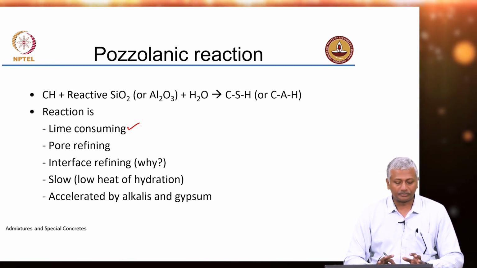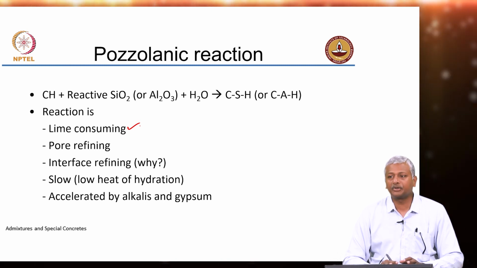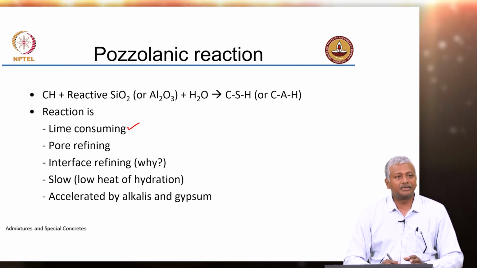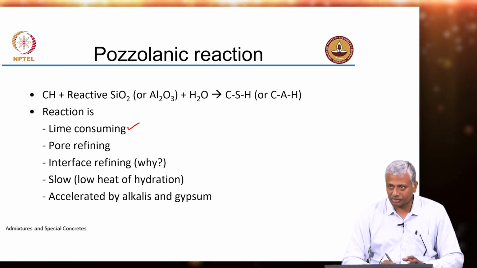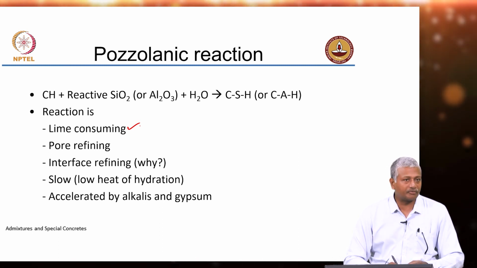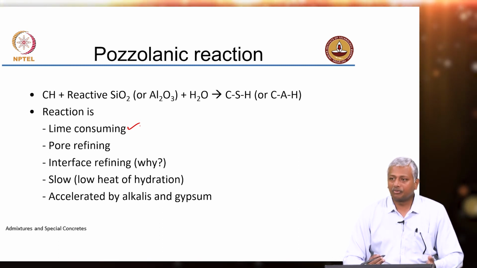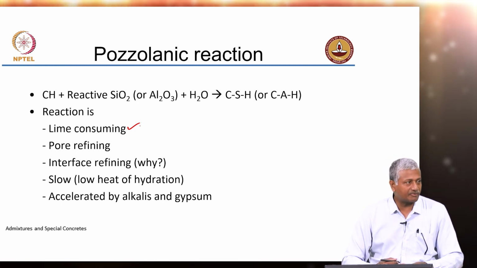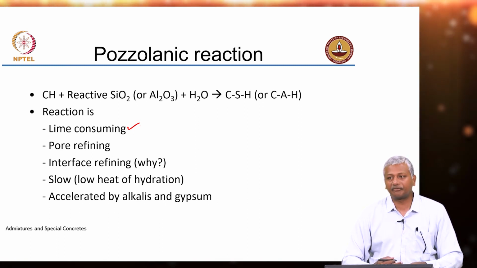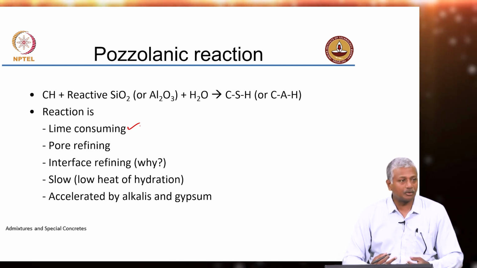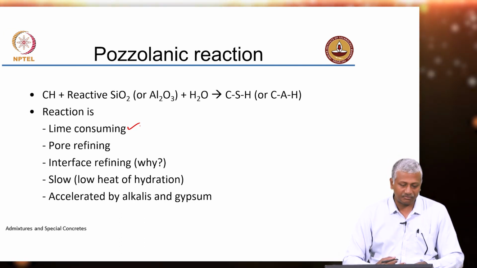This reaction is slow. As compared to the reaction of cement, the reaction of a pozzolan is much slower, and that leads to lower heat of hydration. And that is why for any application where we want less heat of hydration, replacement of cement by fly ash is the right choice, because it can lower the heat development significantly.